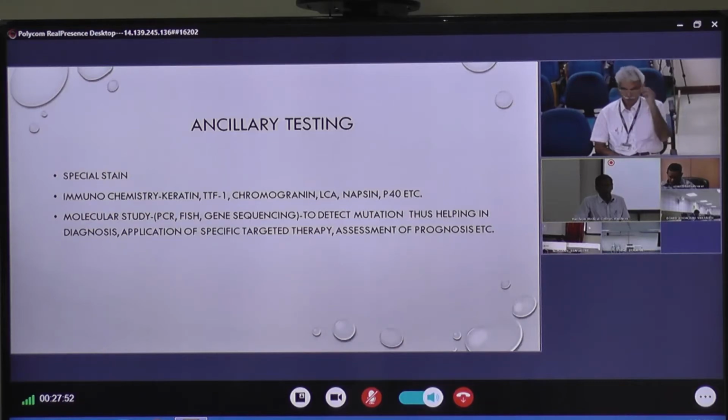And also, as we know, nowadays the different abnormal products of abnormal genes, like EGFR mutation, are now being detected on an IHC basis.